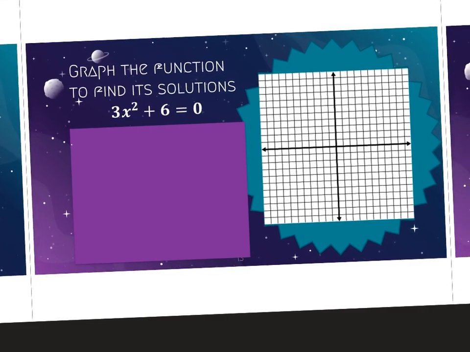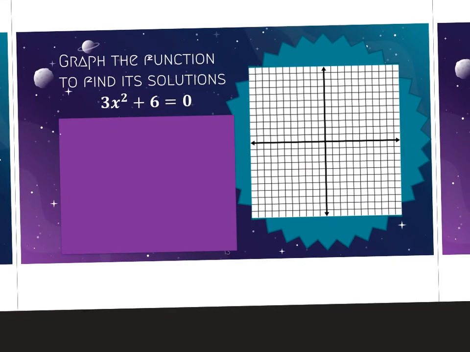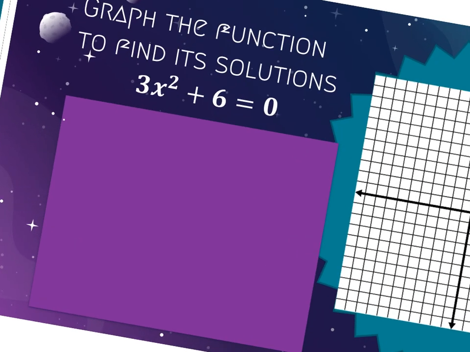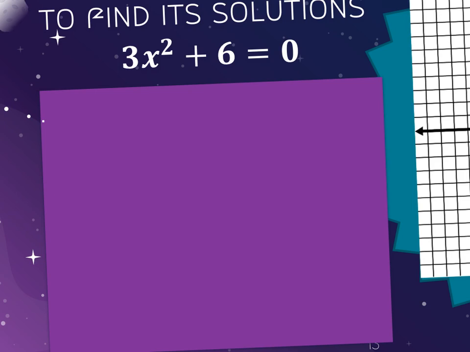So what we're going to do now is graph this in whichever way you want, and we're going to look for those 2 solution points. I'm going to make a quick table. This is a pretty simple equation, so I'm just going to make a quick table and plug these values in for this x.